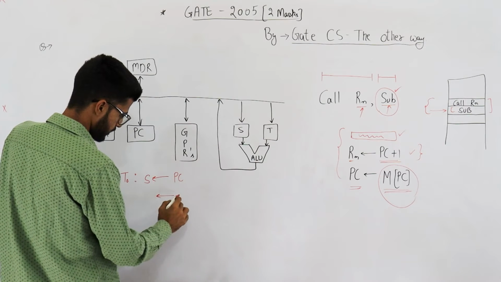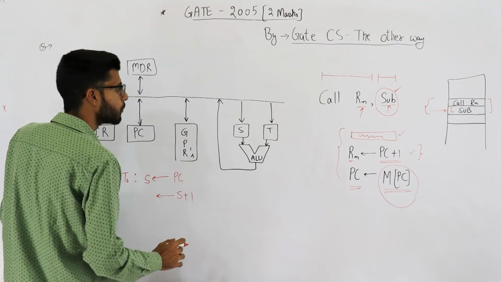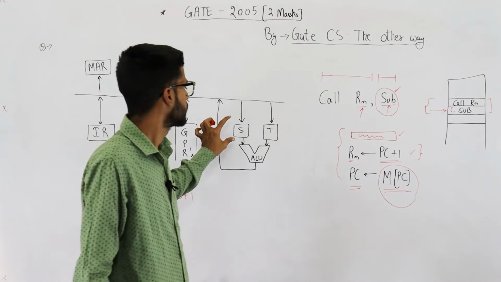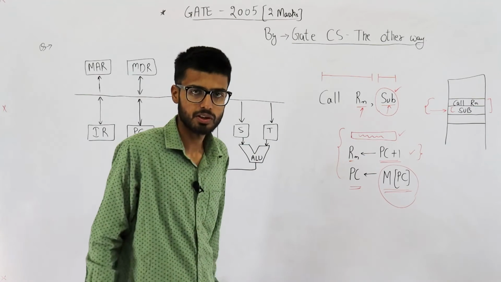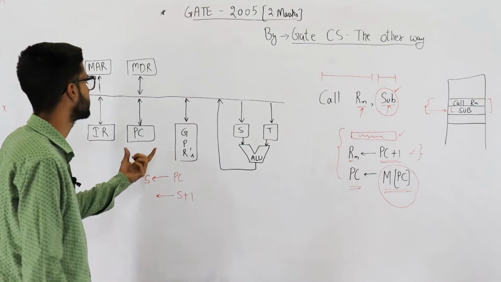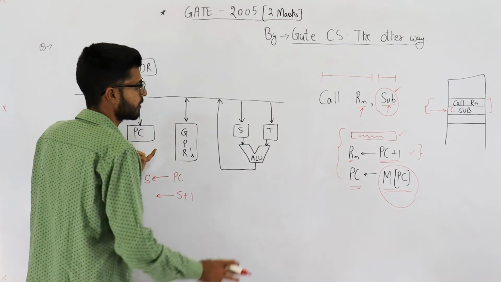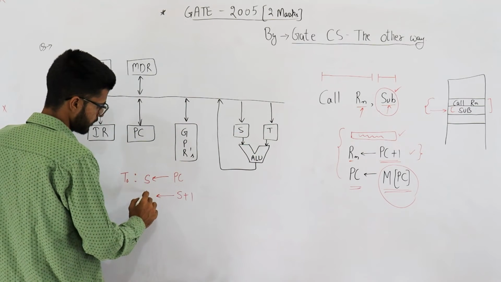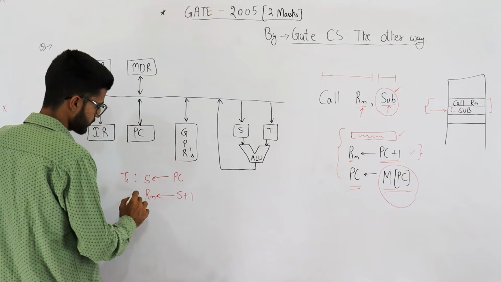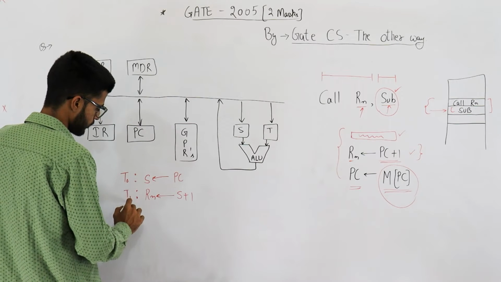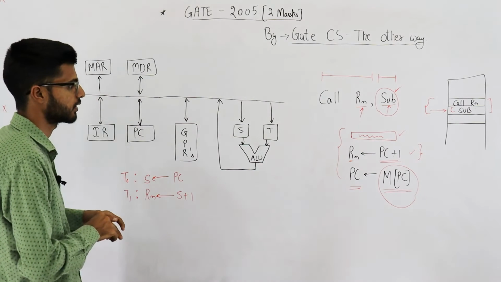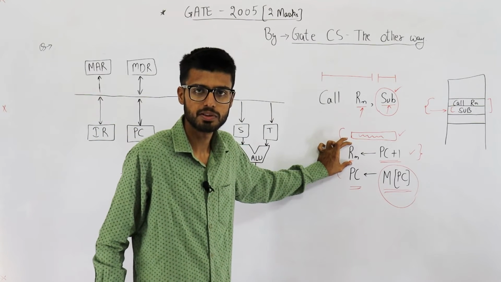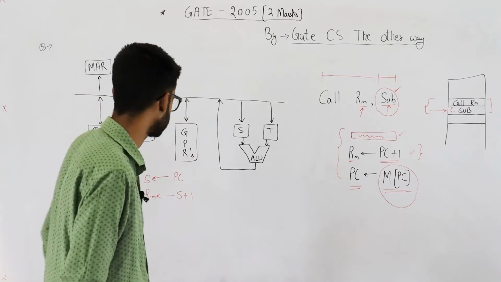Then we increment this value using the ALU. That's given in the question, that PC cannot be incremented locally. This value we save in a register Rn. This is also given in the question.